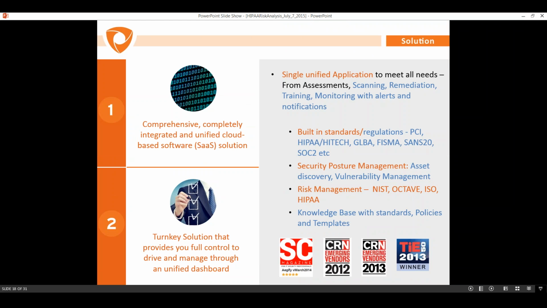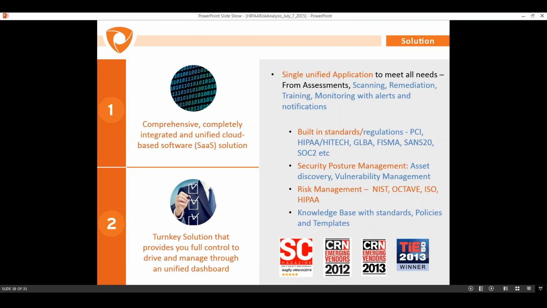So now let's talk. We talked about the need for HIPAA security risk analysis. What does it mean to achieve and accomplish HIPAA security risk analysis? And I know what you guys are thinking, that this is very complicated, and doing this as a manual process is very challenging.